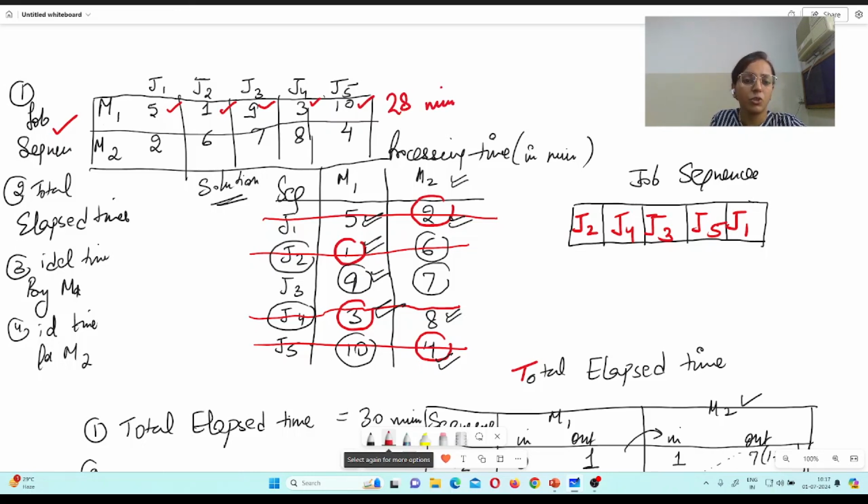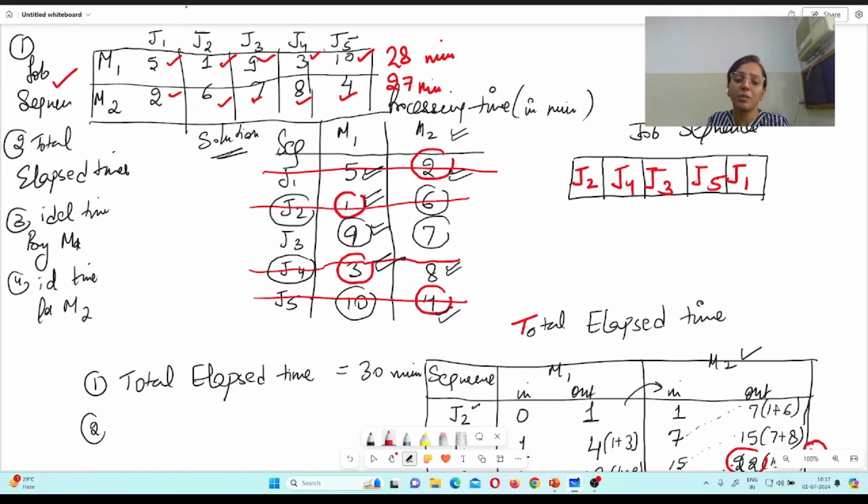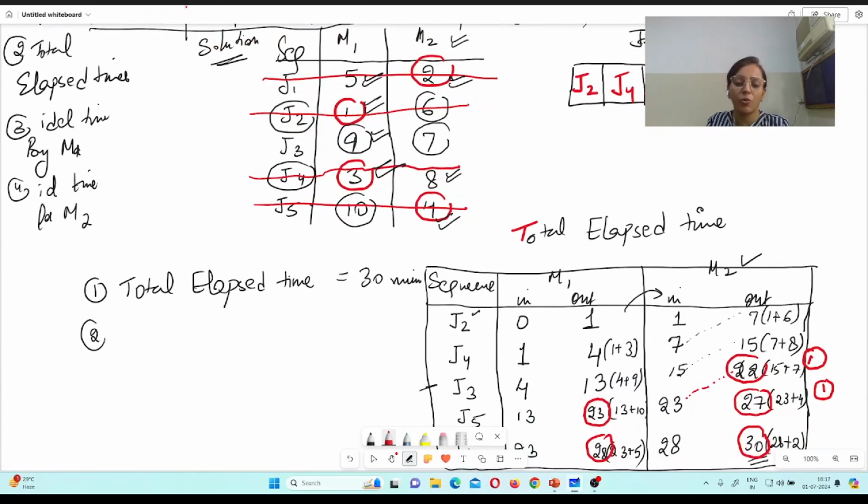Alright. Same with 2 plus 6 plus 7 plus 8 plus 4. That will become 27 minutes. Right. And the total elapsed time given to you is 30 minutes. So what we are able to find out over here is the idle time for machine 1, which will be 30 minus 28 minutes.